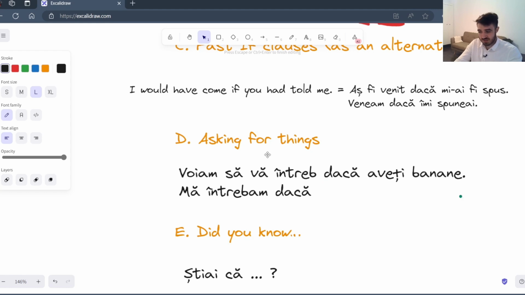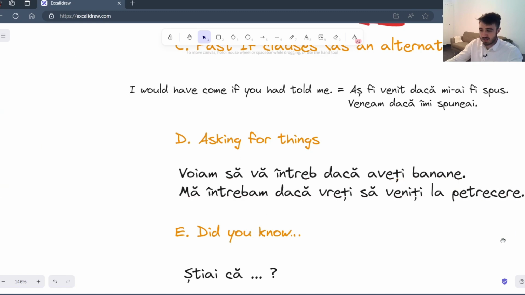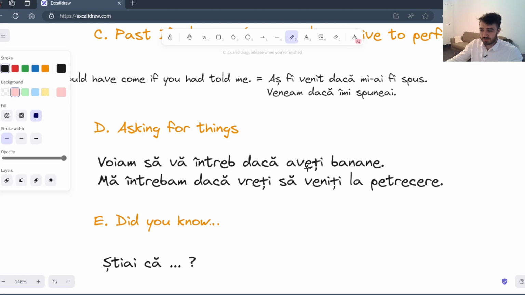So, mă întrebam dacă, taking the same example, or mă întrebam dacă vreți să veniți la petrecere. You can see that I used for both of them the formal, veniți, aveți. So yeah, that's a bit more formal. You wouldn't really use it with friends because you can be direct with friends.